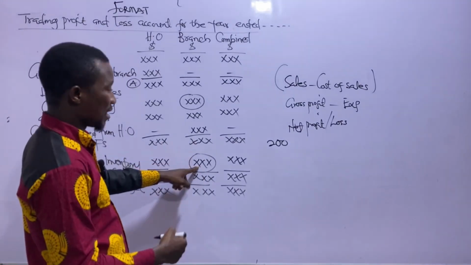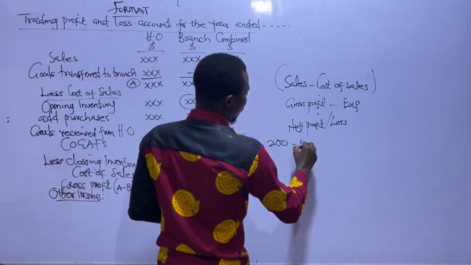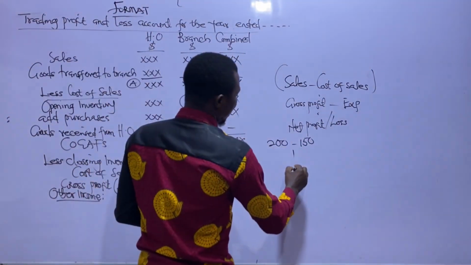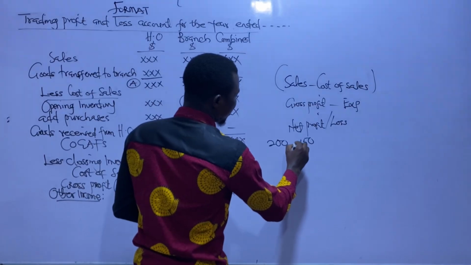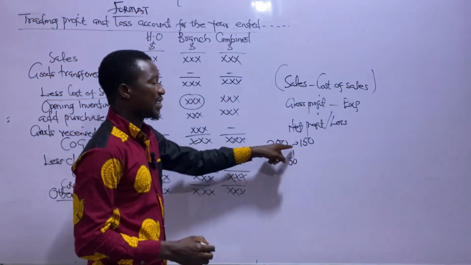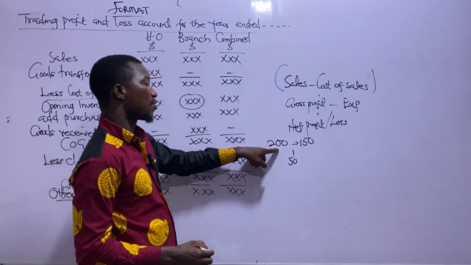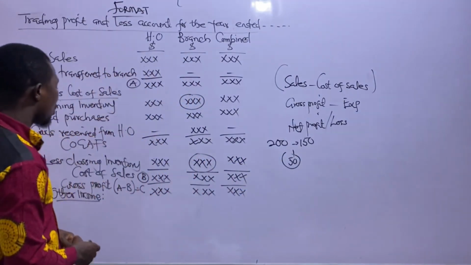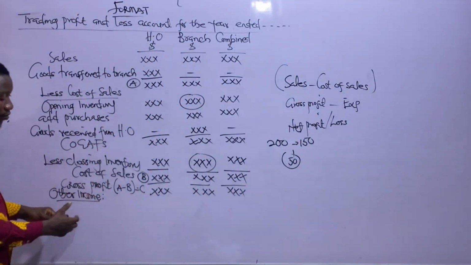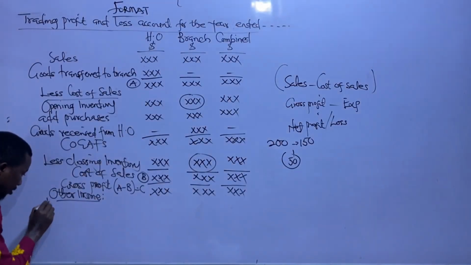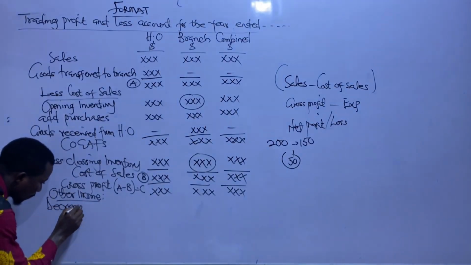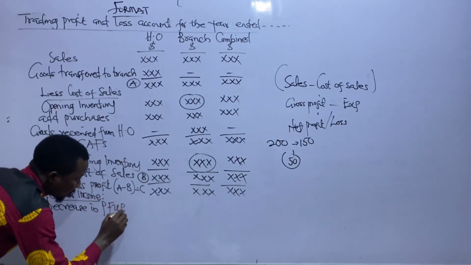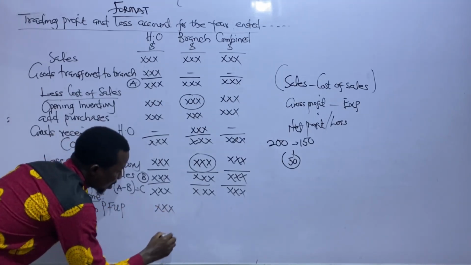So when we worked that and we had, let's say, 150 as the current provision for unrealized profit, the difference here is 50. This is a decrease in provision for unrealized profit, a decrease from 200 to 150. This decrease in provision for unrealized profit, we record that as an income. So whenever there is a decrease in provision for unrealized profit, you record that as an income.